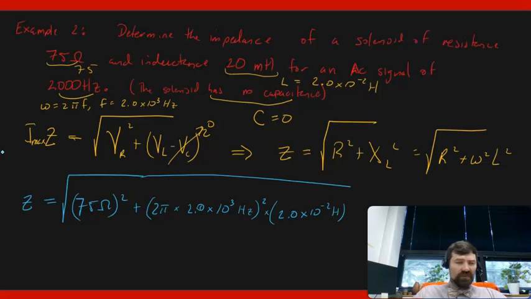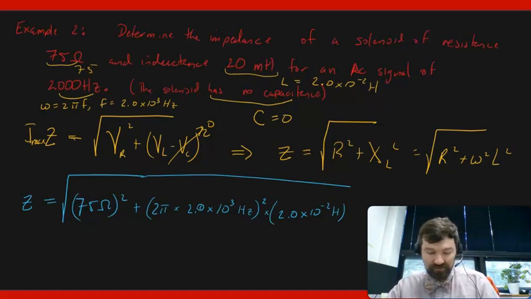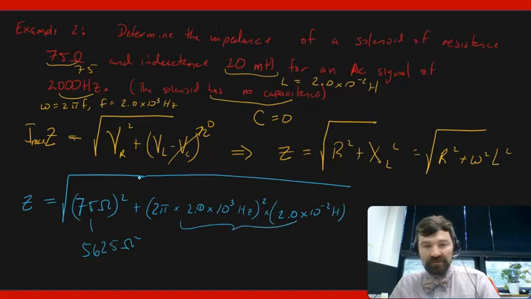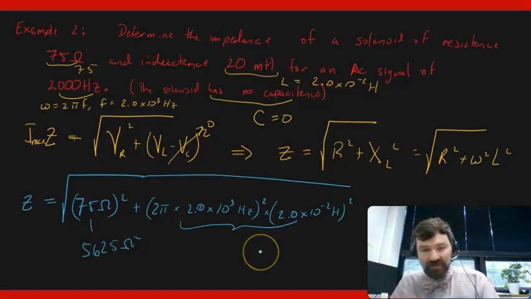All right. So what does all that come to? If we plug all these into the calculator, 75 squared is 5,625 square ohms, and this term collectively, let's see, we got 2 times pi times 2000 times 0.02, which is 251, and if we square that, we get 63,165.4 something square ohms.